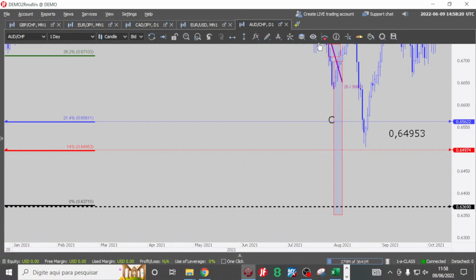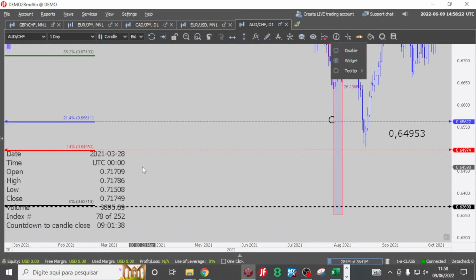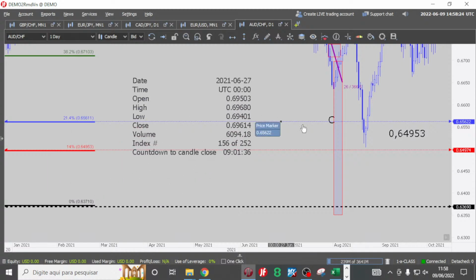Now, I mean, you can see it, right? But anyway, you go on the candle, you put the widget and the low is 650. So no, it didn't touch the red one. Okay, I think not. Agreed.